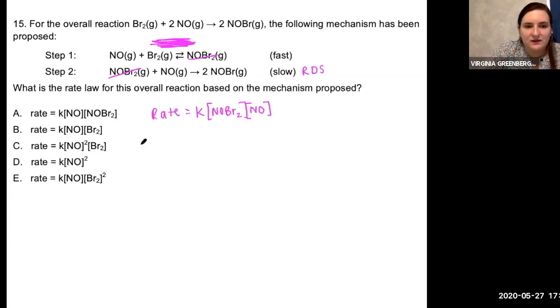And so I can say that the forward rate law, which would be k NO Br2 for that reaction, is equal to the reverse rate law.